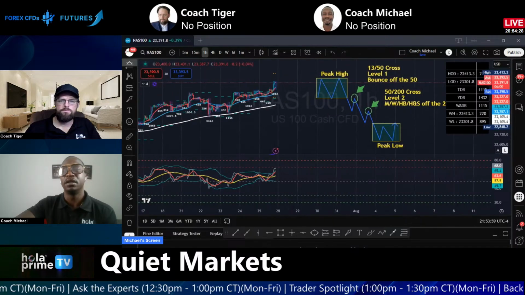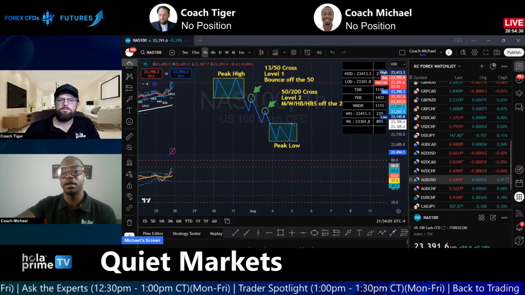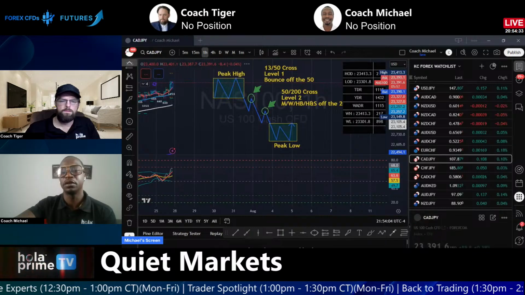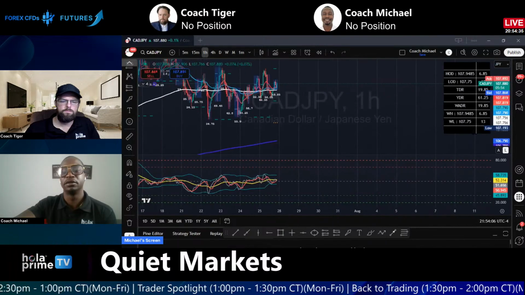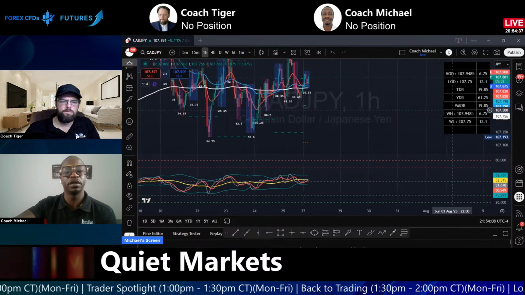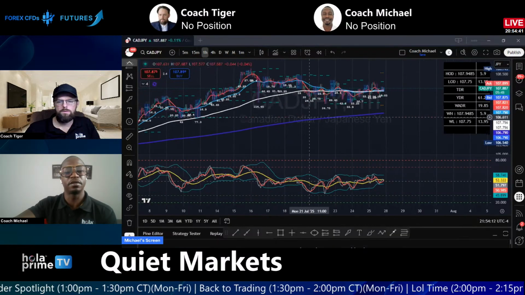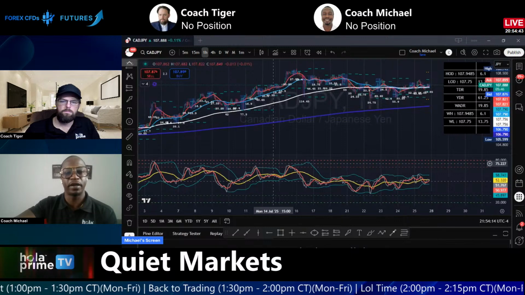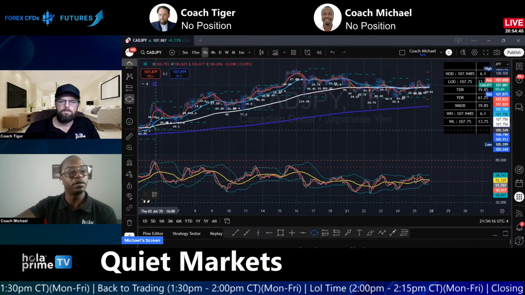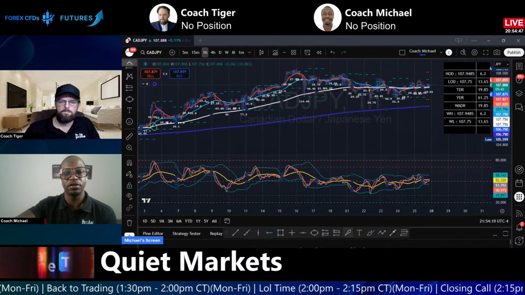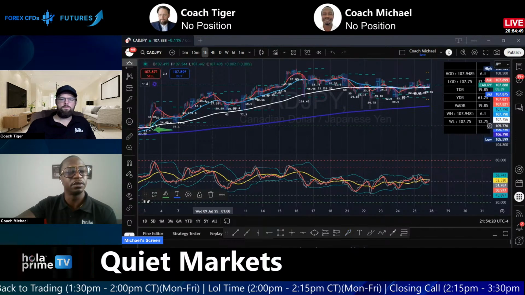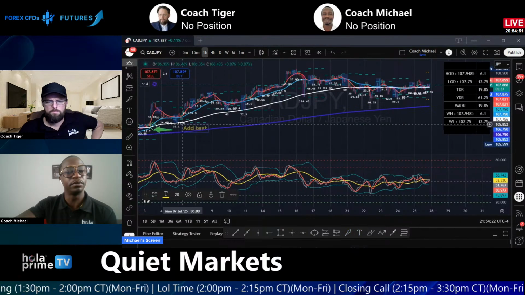So if we can go to CAD Yen, which is what I'm currently looking at to take long that we were just looking at earlier. If you can see this, this is why I pointed out the fact that once we get this 50/200 cross here, just like I wrote up, I know I'm in level two.